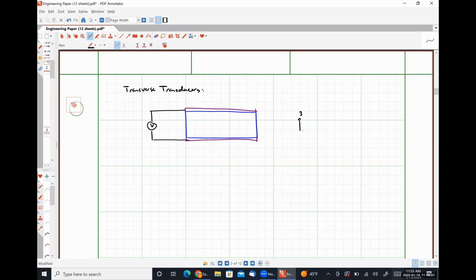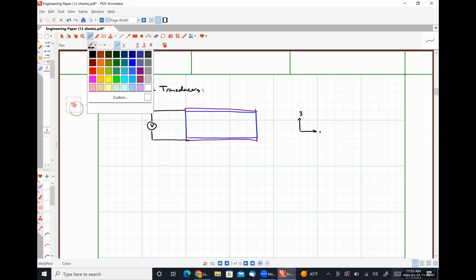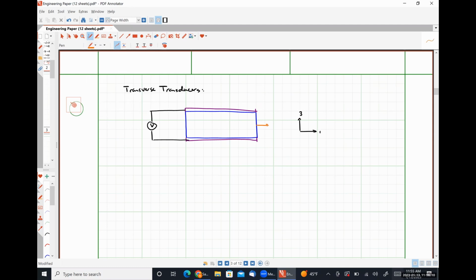This is still the 3 direction. This is still going to be the 1 direction. If I apply a force in the 1 direction, I can observe a field in the 3 direction caused by the transverse piezoelectric coefficient e31.